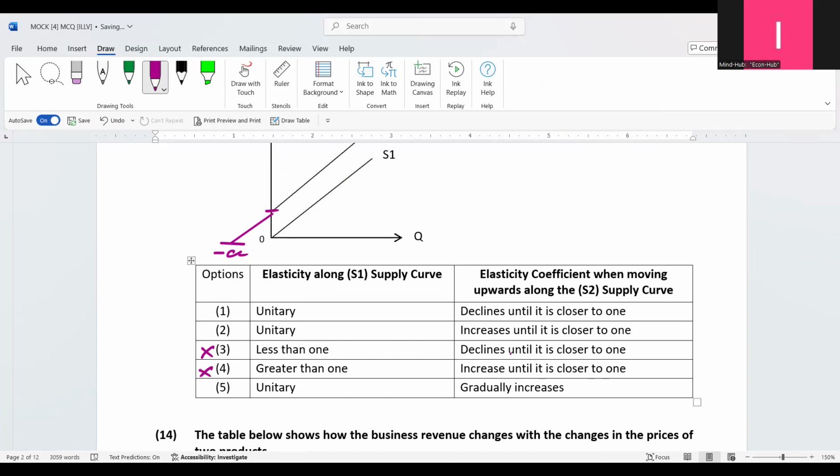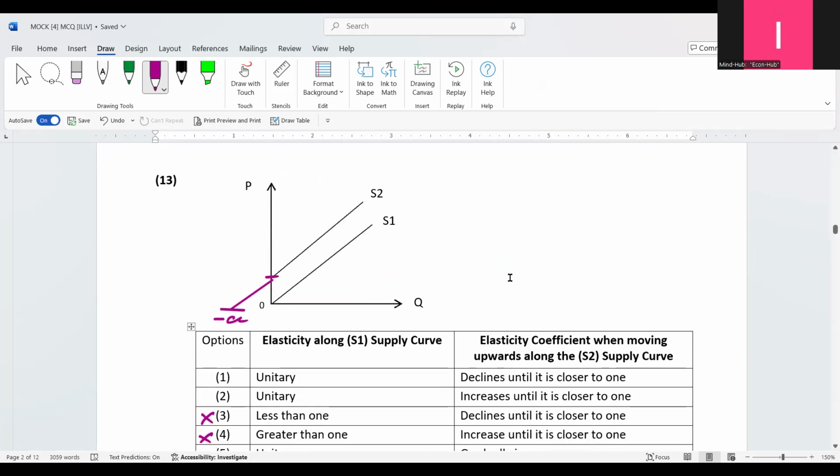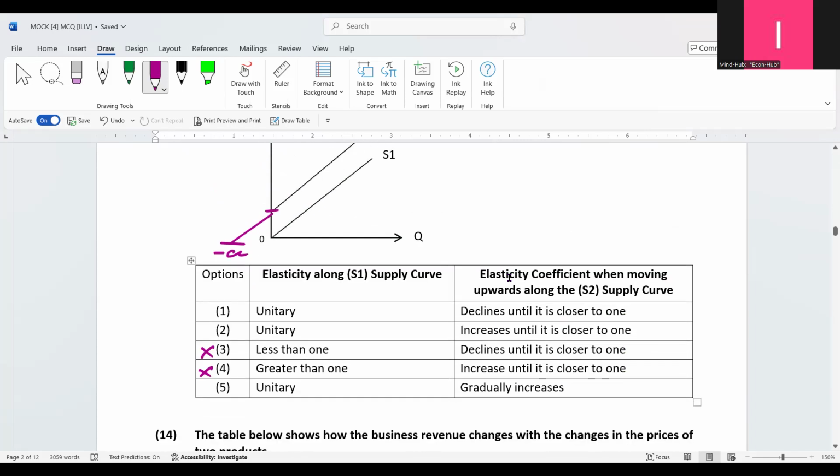Then when moving upwards along the S2 supply curve, upwards along S2 means when price increases, quantity increases, the PES coefficient value keeps decreasing, declines until it's closer to 1. It should be above 1, right? Always elastic or above 1, but keeps decreasing. No, sorry.